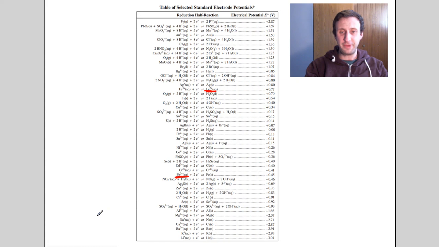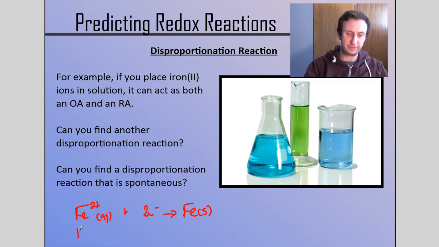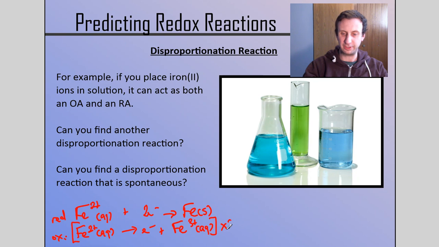And then I have Fe2+ aqueous makes an electron and Fe3+ aqueous. So this is my reduction, my red, and this is my ox. If I look at these two, this one right here has only 1 electron as opposed to 2, so I'm going to have to multiply this by 2.